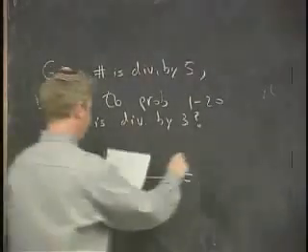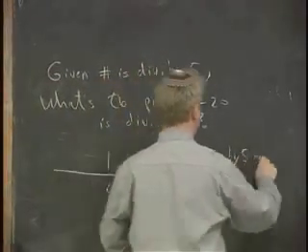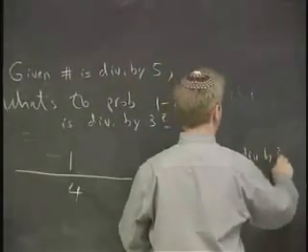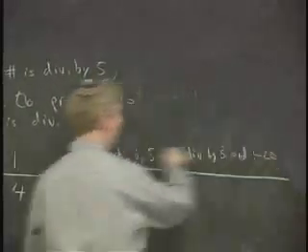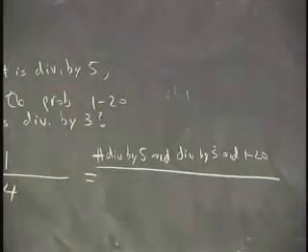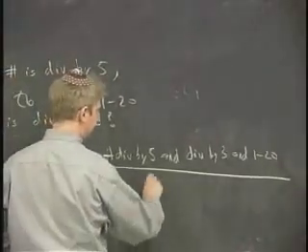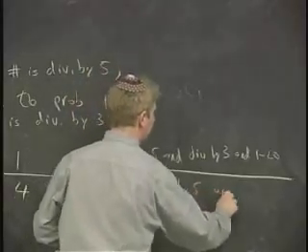On the top here are the numbers that are divisible by 5 and divisible by 3 and are between 1 and 20. And there's one of those numbers, right? And on the bottom is what? The numbers divisible by 5 and between 1 and 20.